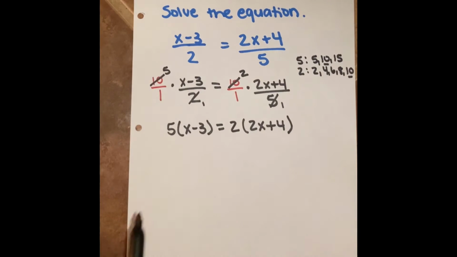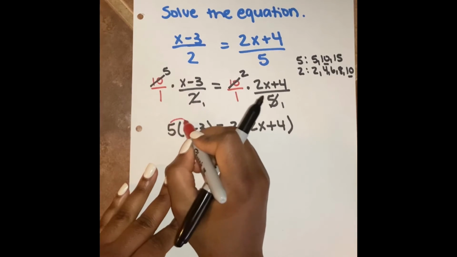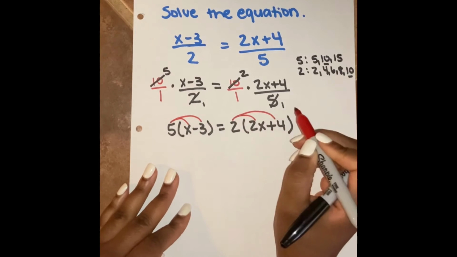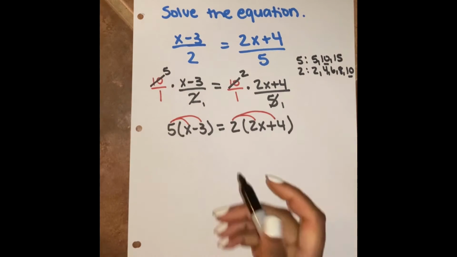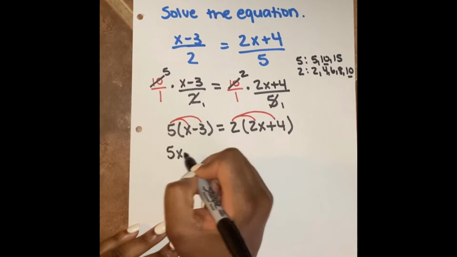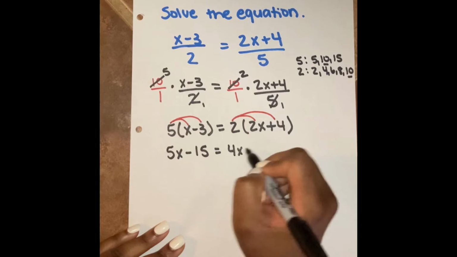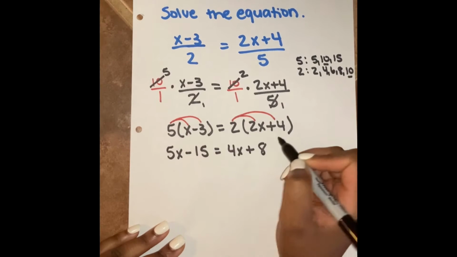And from here, we're going to use our distributive property and we're going to multiply the number on the outside by everything that's on the inside of our parentheses. So here we have 5x minus 15 is equal to 4x plus 8.